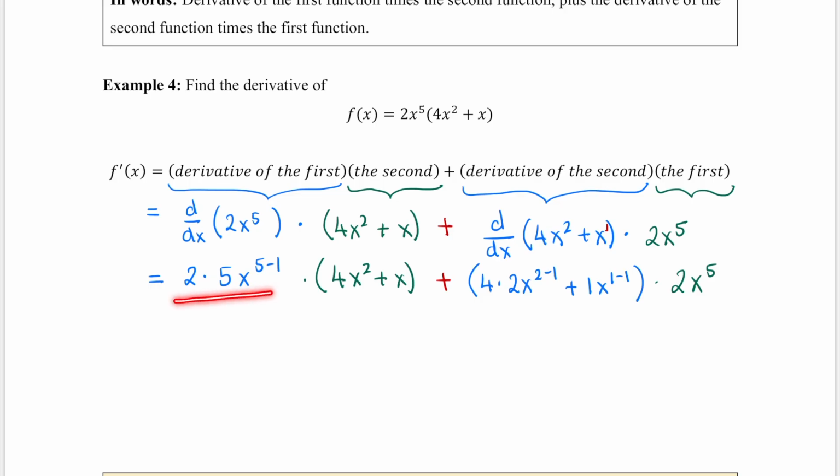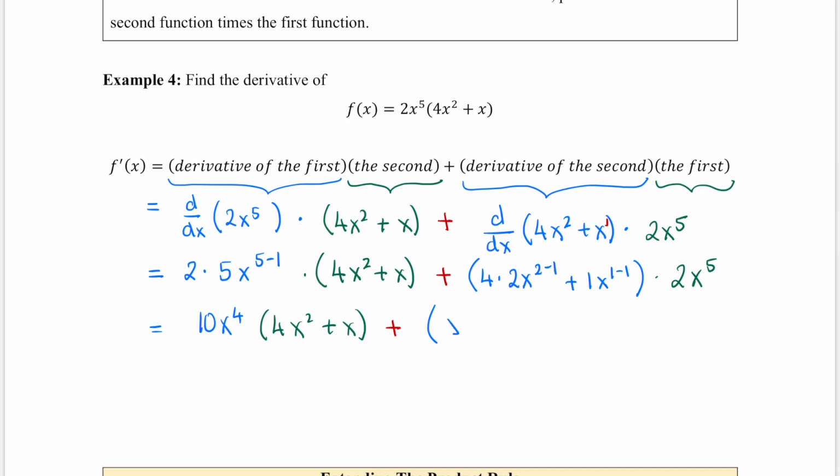Next, we need to simplify this. 2 times 5 is 10, and 5 minus 1 is 4. So we have 10x to the 4 times 4x squared plus x, plus 4 times 2 is 8, and 2 minus 1 is 1.